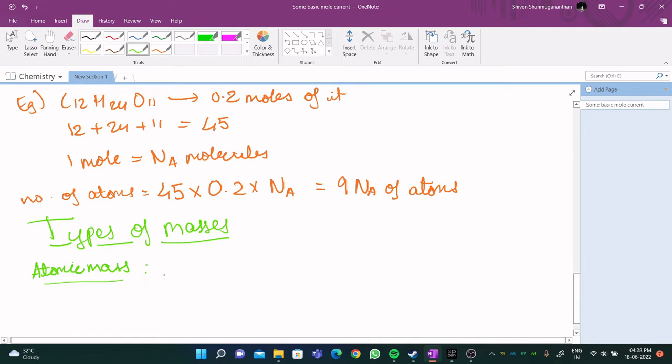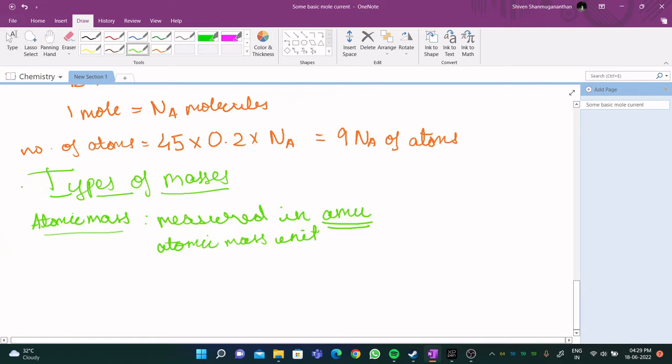This is the mass of the individual atoms of an element. So it's measured in something called AMU, which stands for atomic mass unit.